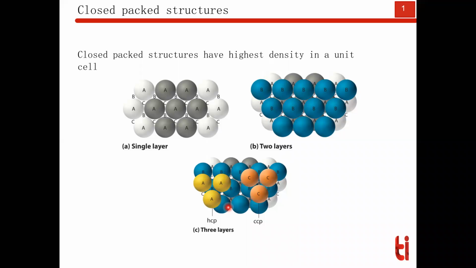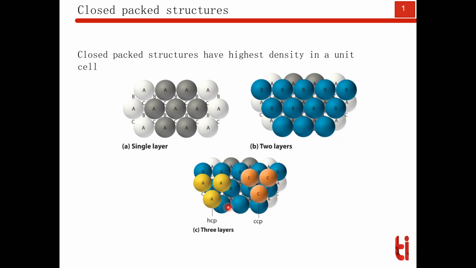And if your 3-layer geometry is such that your A layer valley is filled with B and your B layer valley is filled with C, but the atomic position of C is different from A, in that case, you have an ABC kind of geometry, which is called a CCP structure.